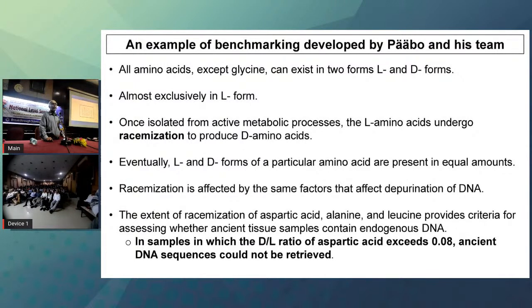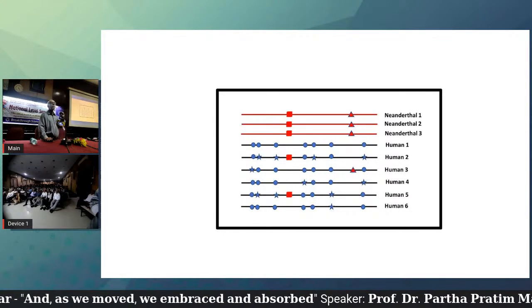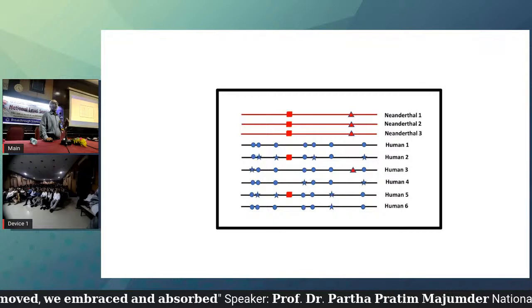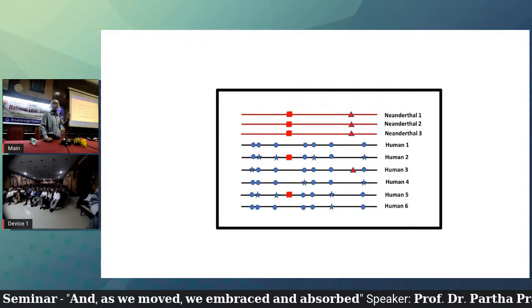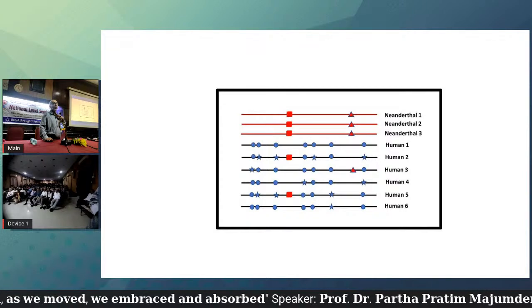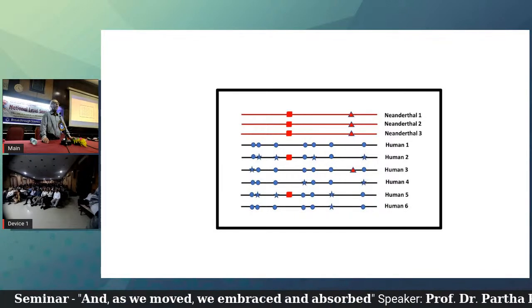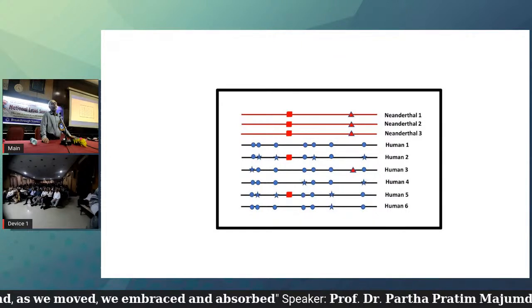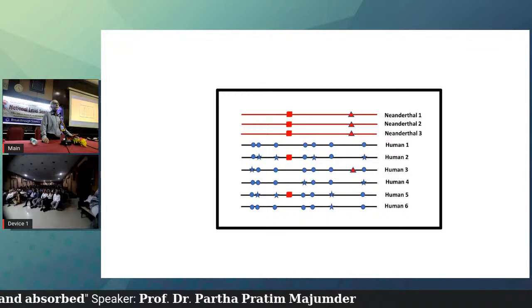The other thing that he did, having been able to successfully sequence DNA, he was also able to find certain specific points in genomes that don't belong to us. Essentially, he was able to identify certain genomic signatures of the Neanderthals that do not belong to us, and because he was able to identify those specific signatures, he could also try and answer the question, did we get any portion of our DNA from the Neanderthals?